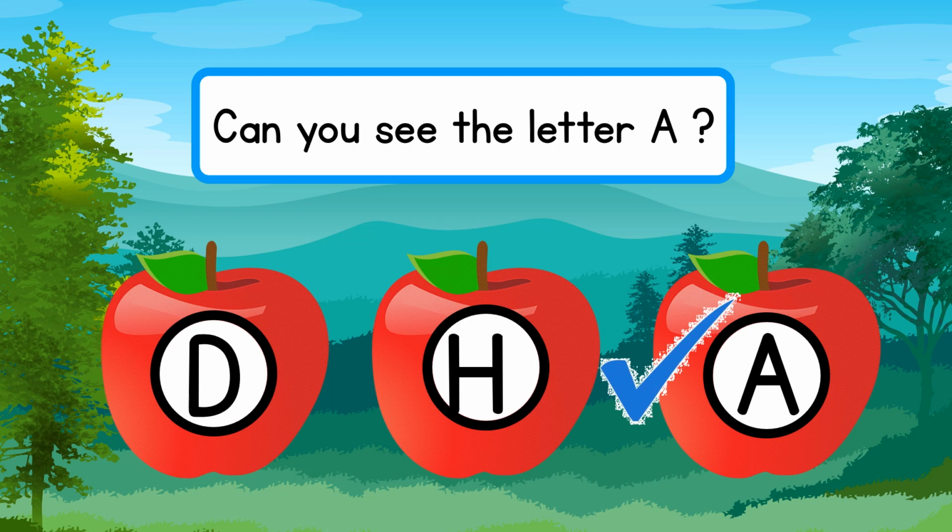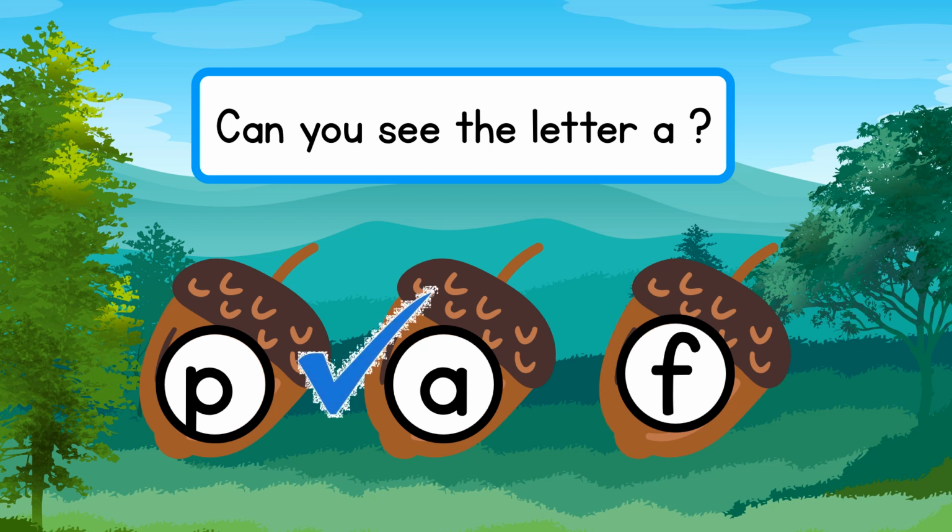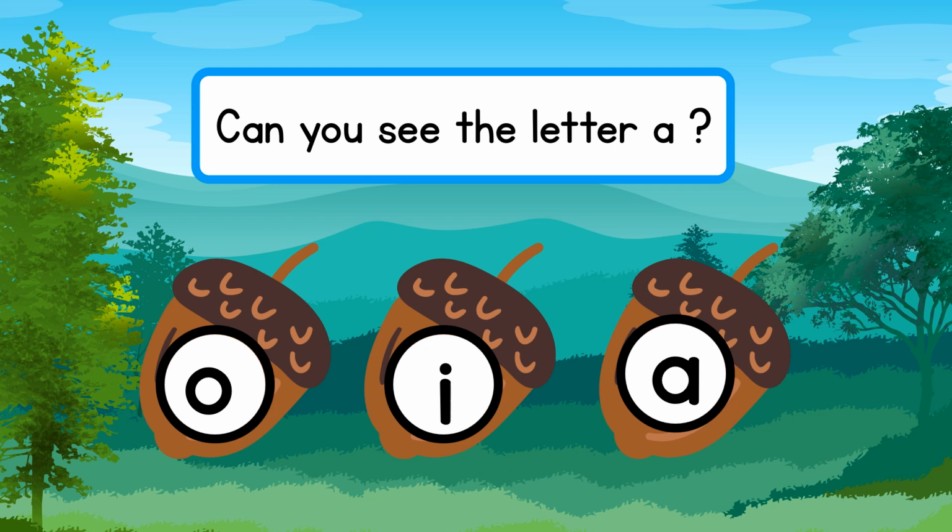This is the letter A, the big letter A. Now, can you see the letter A or the small letter A? Good job. This is the small letter A. How about this? That's great. This is the small letter A. Good job. Small letter A.